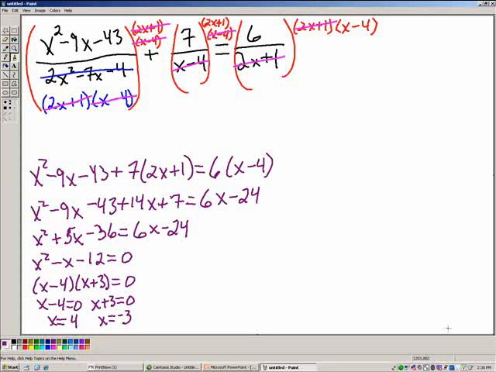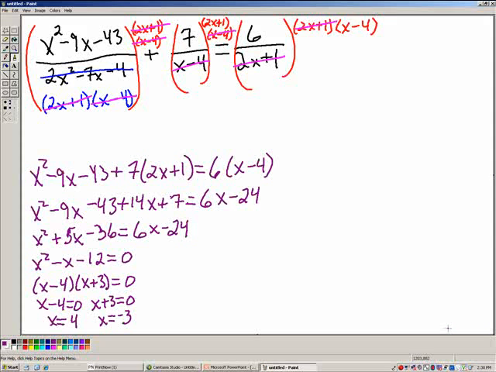Before we give our solution, though, it's absolutely essential that we check. Because remember that our problem started as a rational expression, several rational expressions in this case. And rational expressions cannot have zeros in the denominator. Now we manipulated our original equation to get rid of all those denominators so we could work it without having to worry about it.